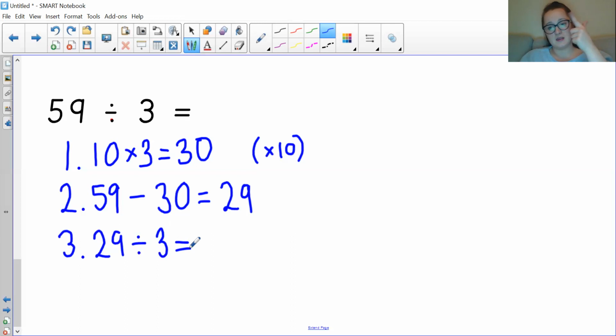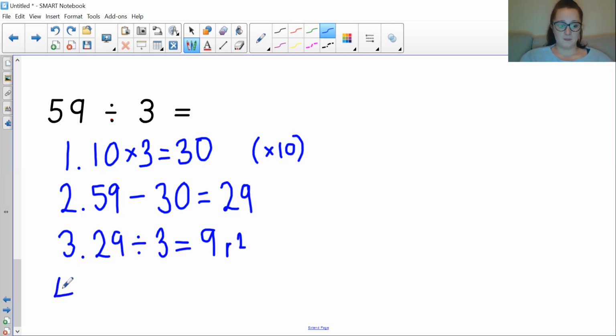So 3, 6, 9, 12, 15, 18, 21, 24, 27, 30, no, it's not 30, so that's 9, okay? But our number was 29, so 27, 28, 29, we've got 2 left over, haven't we? So that's remainder 2, and I'm going to do a little 2 there.